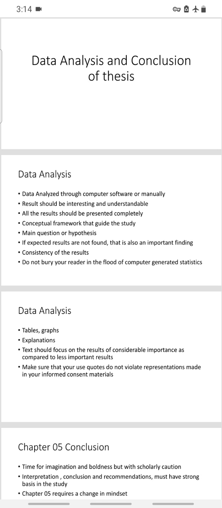Then, the results must be presented completely. Why is this the most important point in chapter number 4? Why should it be presented completely? Because most of the time researchers start thinking that the respondents have not provided the answers they had in mind before collecting data.